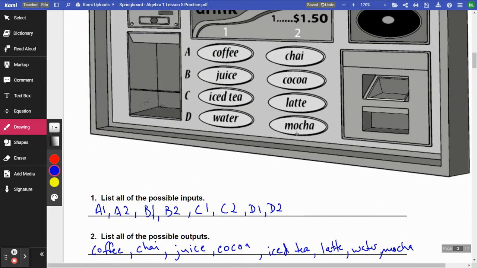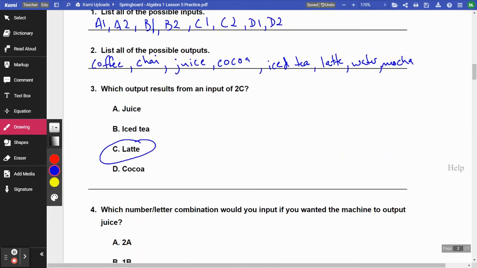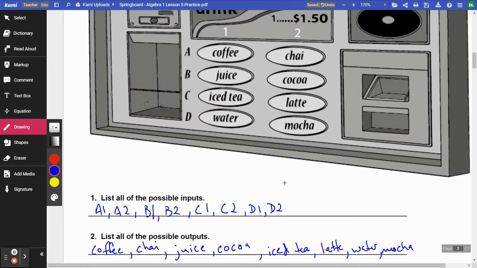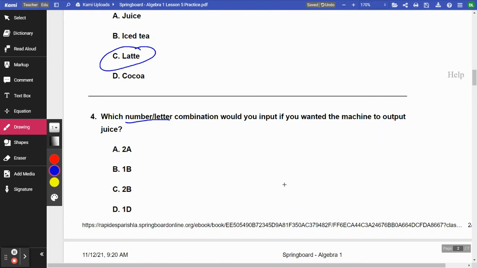Look at what it says. It says number letter combination. Juice is here. So that's a 1B.